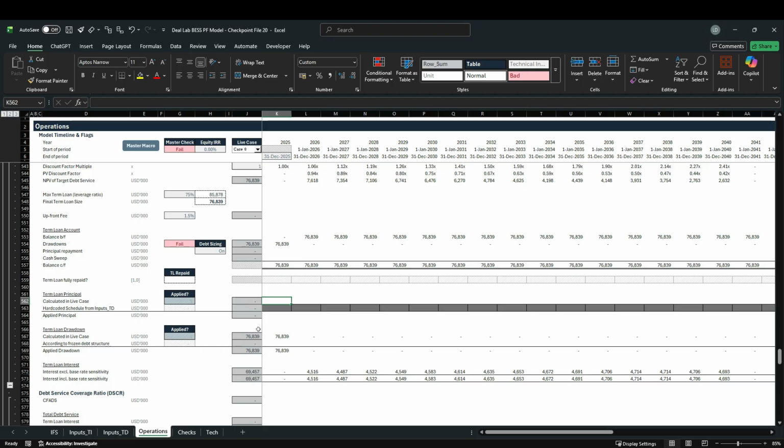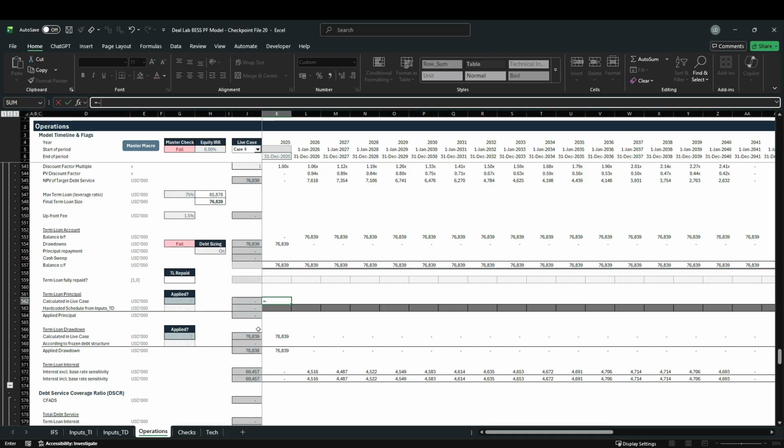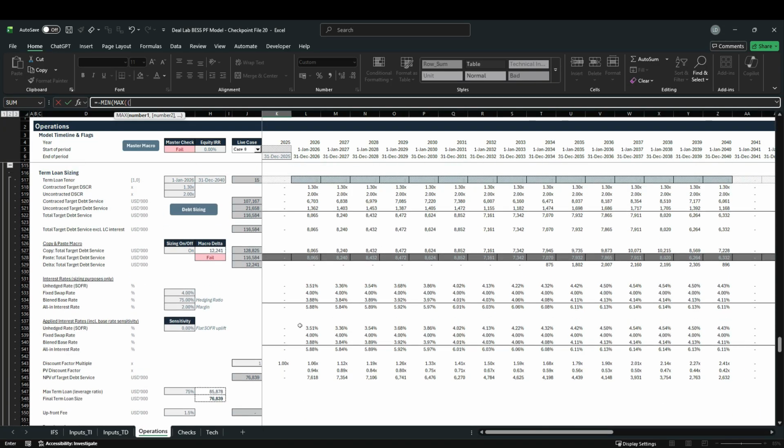And to do this, we will start by typing minus min, a minimum function, because we never want to repay more than our actual balance brought forward. And then we also need a max function, so minus min max, open parentheses, and we will start by taking the difference that we just discussed.